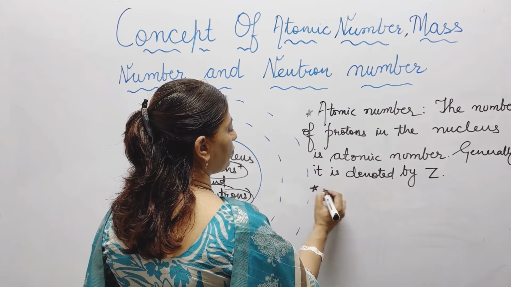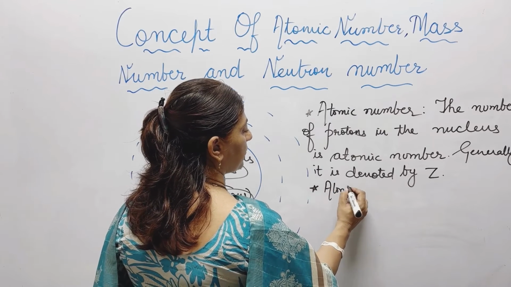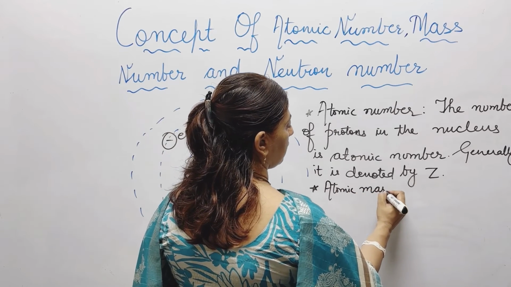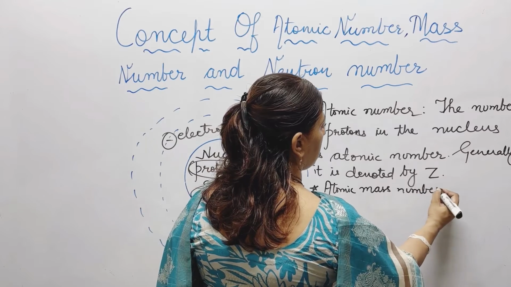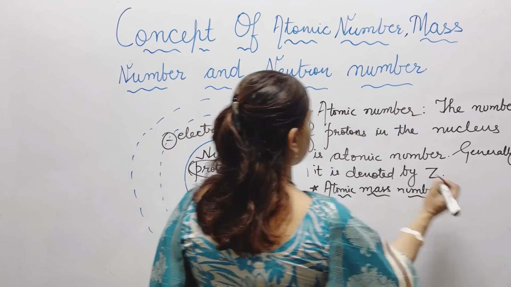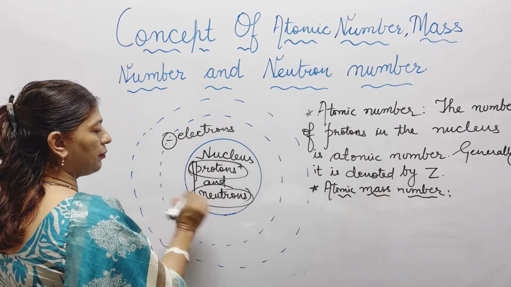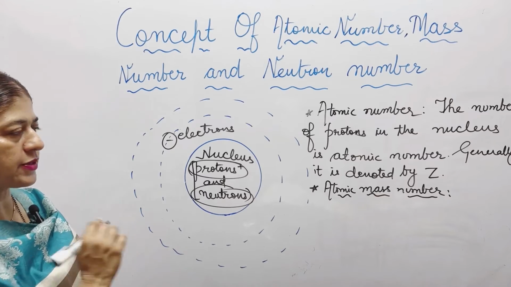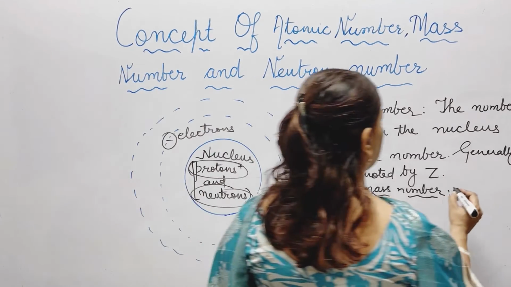The next is about the atomic mass number. Atomic mass number is the total number of the protons and the neutrons present in the nucleus.